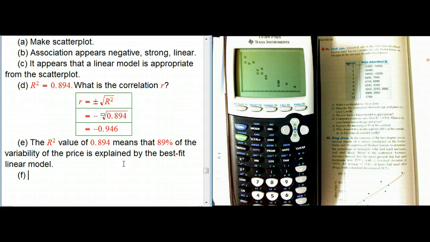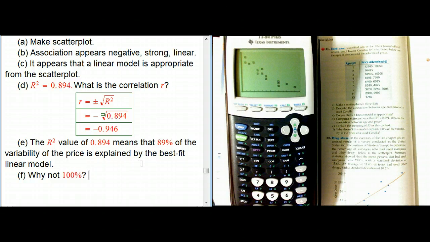And then the last question they ask is, why doesn't this model explain 100% of the variability? So I just said it's 89% of the variability. Why not 100%? Good sort of real-world reality check question. Well, would we expect that if you just tell me the age of a car, then without any other information, I should be able to perfectly predict the price that somebody wants to ask for it?